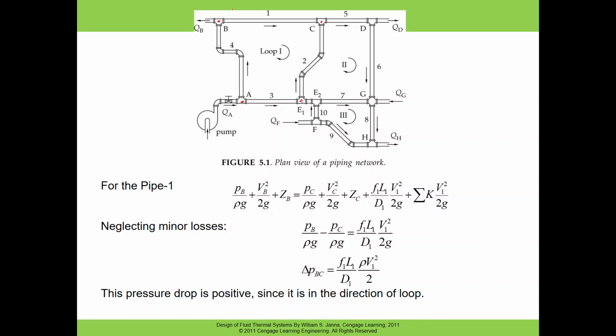If you want to write the modified Bernoulli's equation, or energy equation, for pipe element 1, that is pipe BC, for the time being just ignore the minor losses. We write the equation with the pressure term, kinetic energy term and potential term at point B, which is equal to the pressure term, kinetic term and potential term at point C, plus the friction losses in this section and the minor losses.